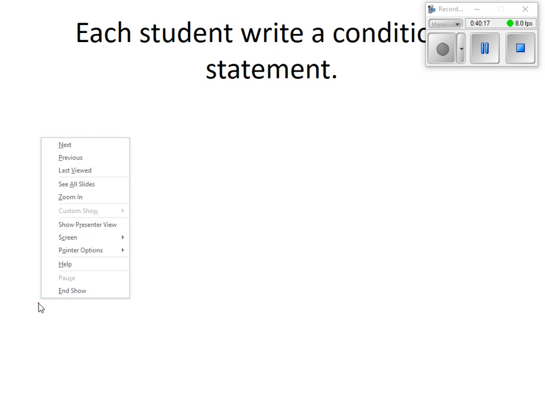Come on, let's go. Again, it doesn't have to make sense. Just pick two words, put one of them after if, one of them after then. It doesn't have to make sense. Just say it.